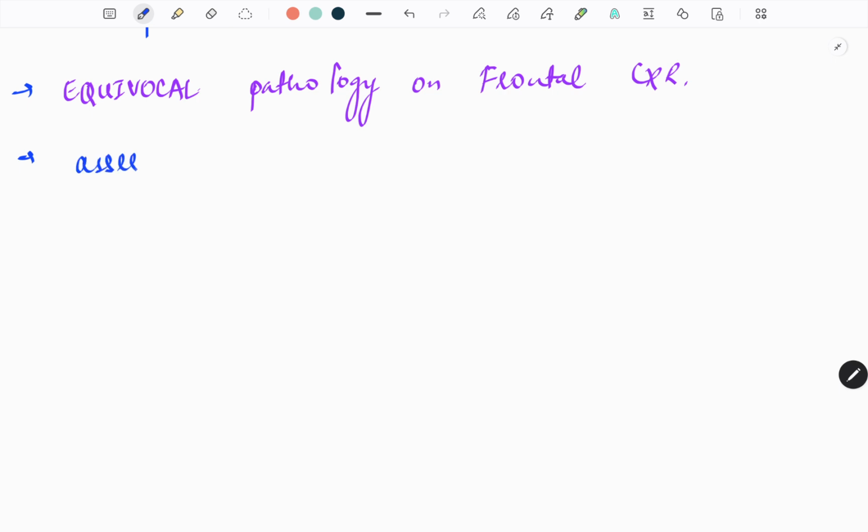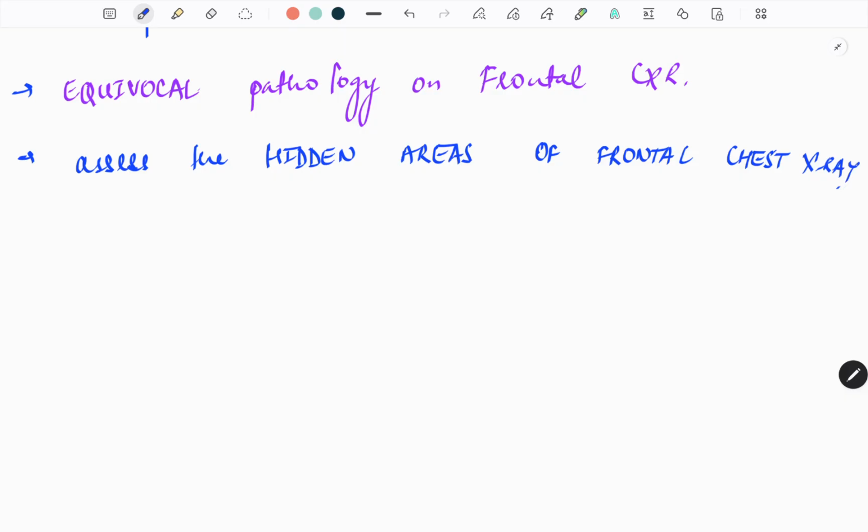Second one is to assess the hidden areas of the frontal chest x-ray. What are these hidden areas?